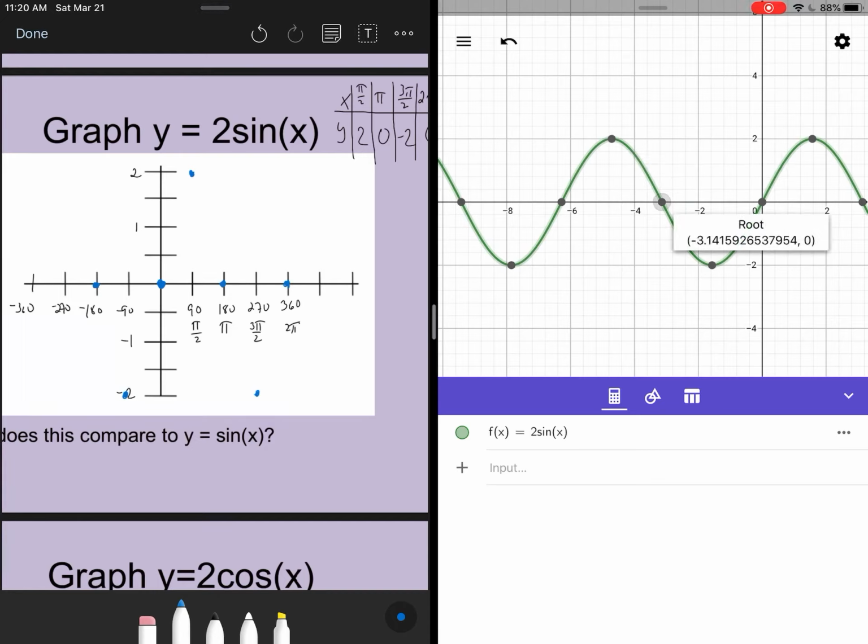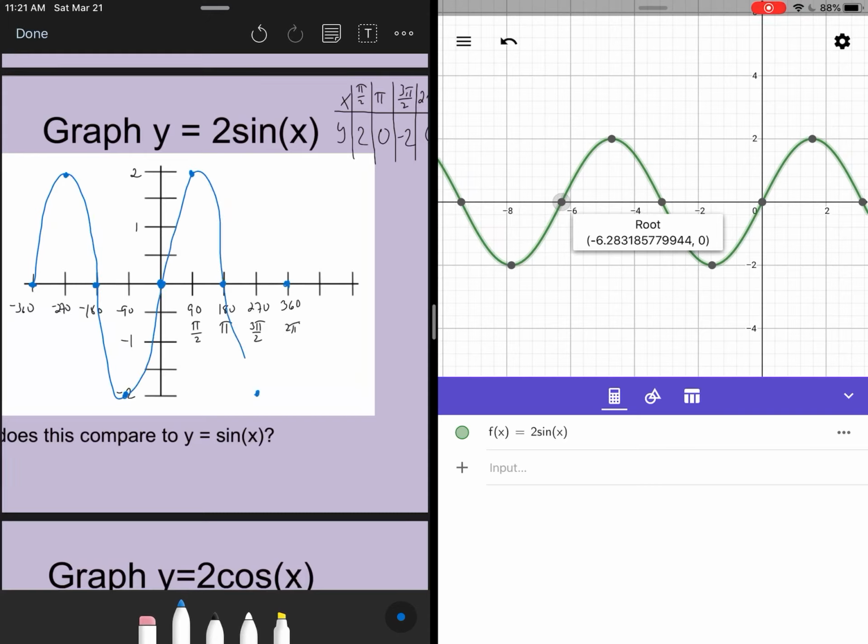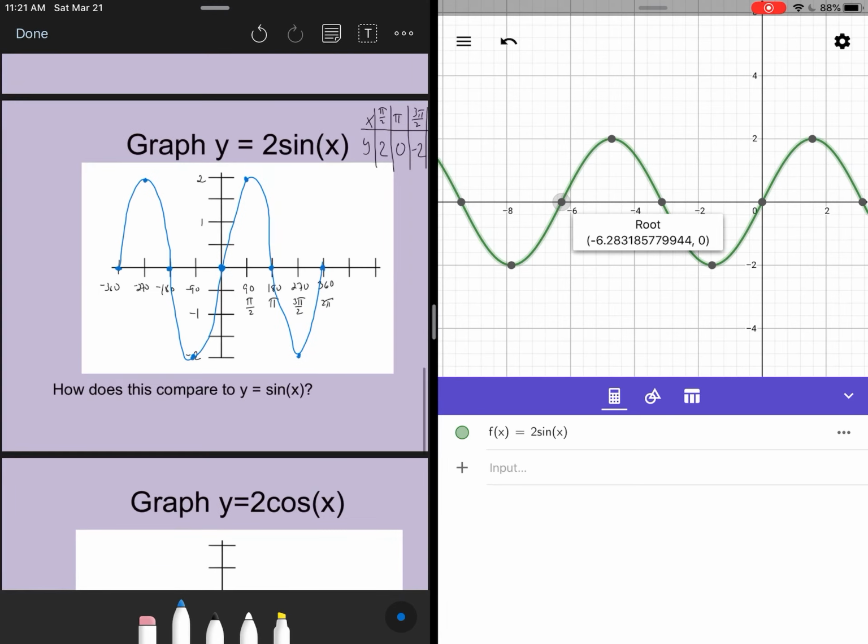Negative 270 is going to be positive 2. And negative 360 is back at 0. We're going to connect that the same way that we did the first one, again, using curves.